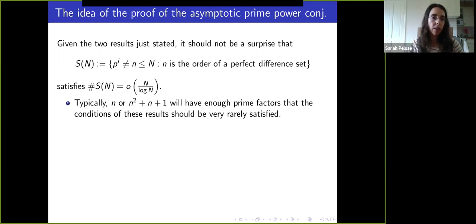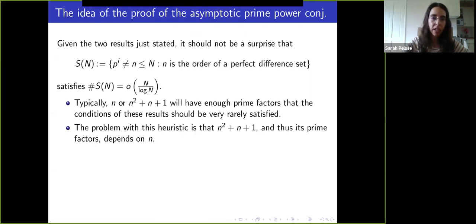And so the conditions of these two results should be really hard to satisfy. Typically n or n squared plus n plus 1 will have about log n prime factors. And then we're flipping log n or log n squared coins and hoping that they're all heads. And that's just not going to happen that often.